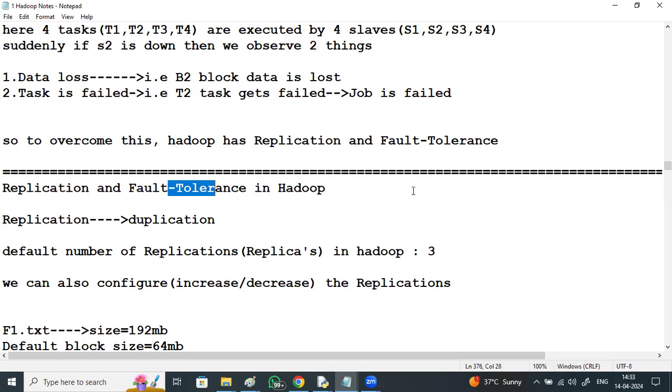Try to confirm whether my voice is clear to all. Yes, it's clear. You understand this example, you will understand what fault tolerance means.